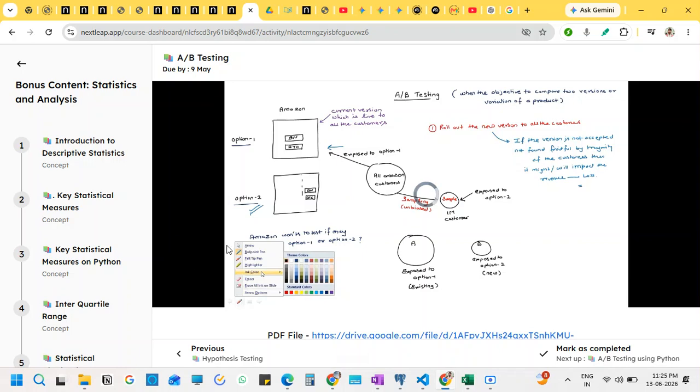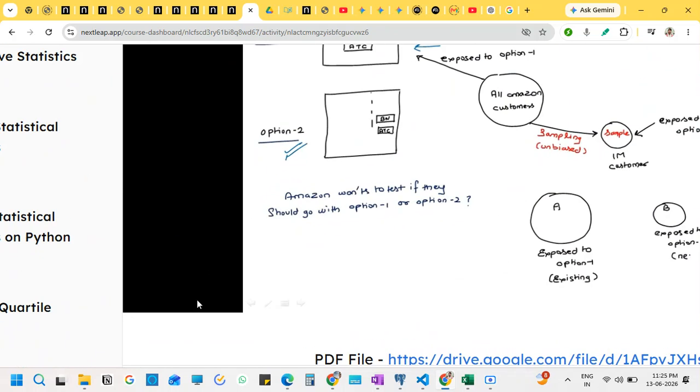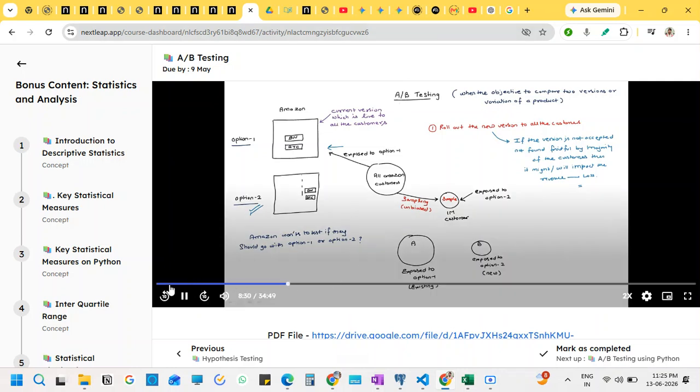A/B testing is the version, and this is the new version, right? Now, I hope with the size of the circle, you can understand.